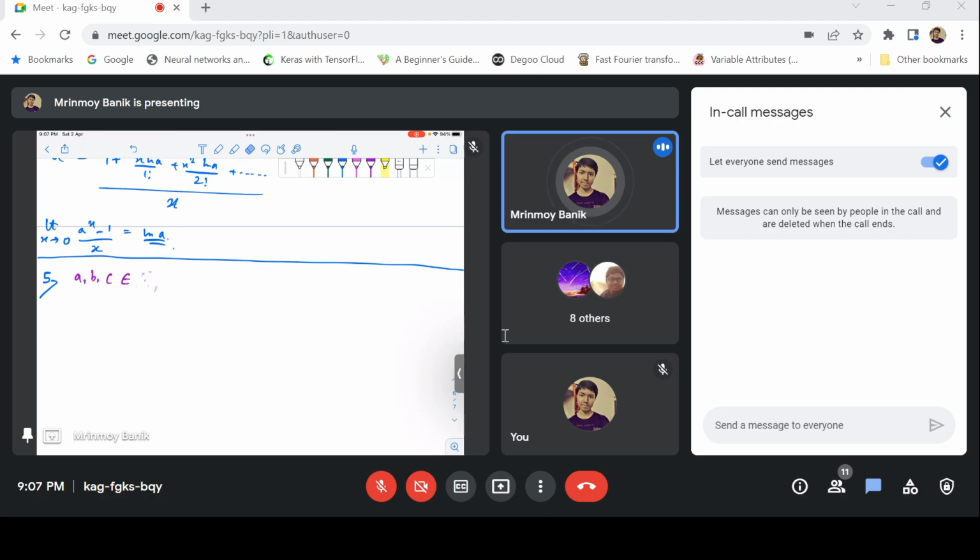And these are real numbers. So R plus with 0. We have to show a times a minus b times a minus 2b, cyclic sum, greater than or equal to 0.